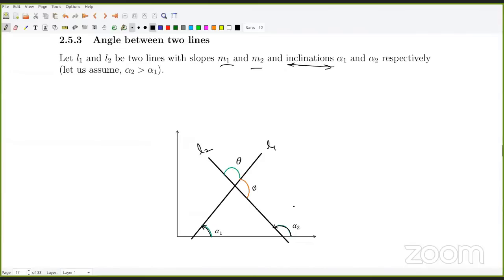Not the below one, the above one. We also assume that alpha 2 is greater than alpha 1.